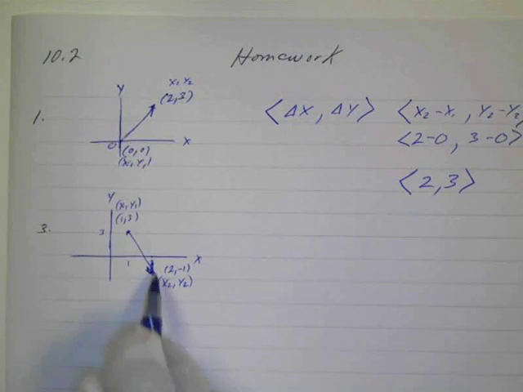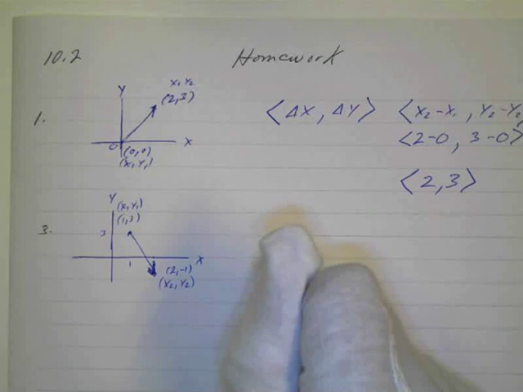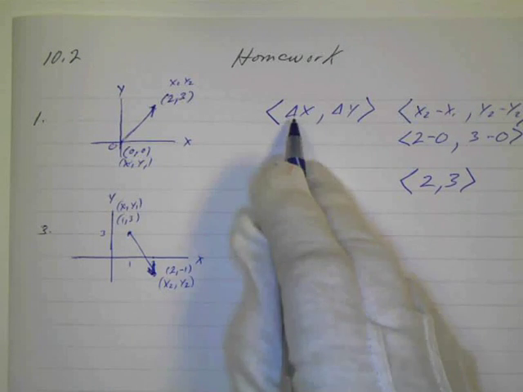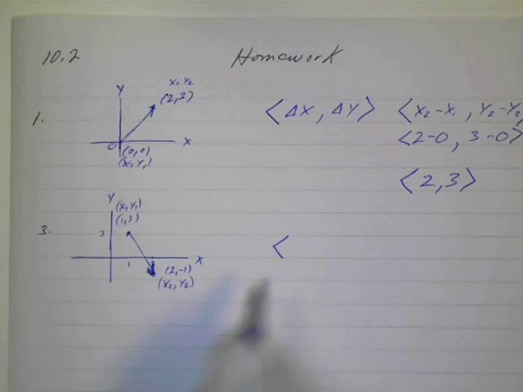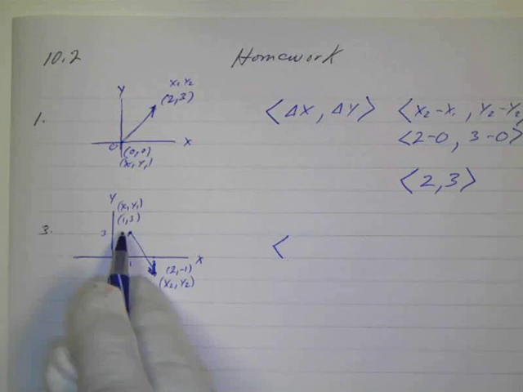Now over here, this is a little bit different because we're not starting at the origin, so it's not in what we would call standard form. So again, we want to find the delta x, delta y, the change in y. The arrow will be the 2s and the tail will be the 1s.